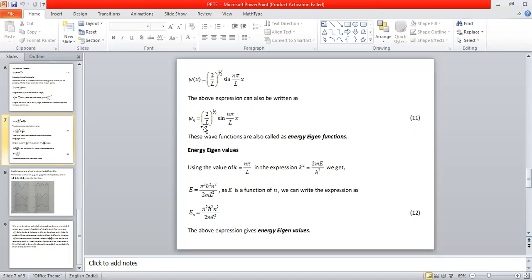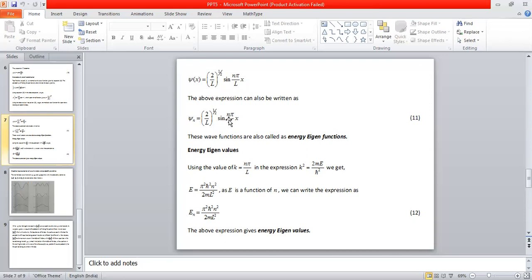This n is what we call the quantum number, and the n value corresponds to a different quantum state. For example, if we substitute n = 1, we get ψ_1, which is called the ground state of the particle inside the box.